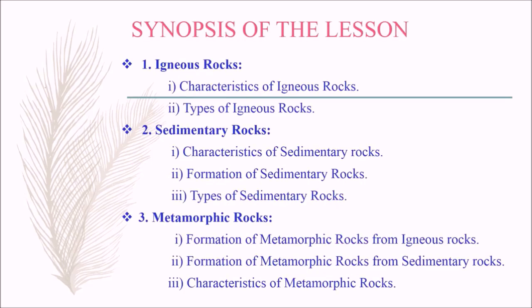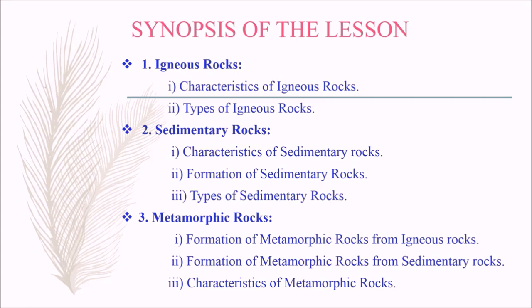Synopsis of the lesson. In this session we are going to see the following topics. The first one is igneous rocks. Under this we have characteristics of igneous rocks, types of igneous rocks. The second one is sedimentary rocks. Under this we have characteristics of sedimentary rocks, formation of sedimentary rocks and types of sedimentary rocks.